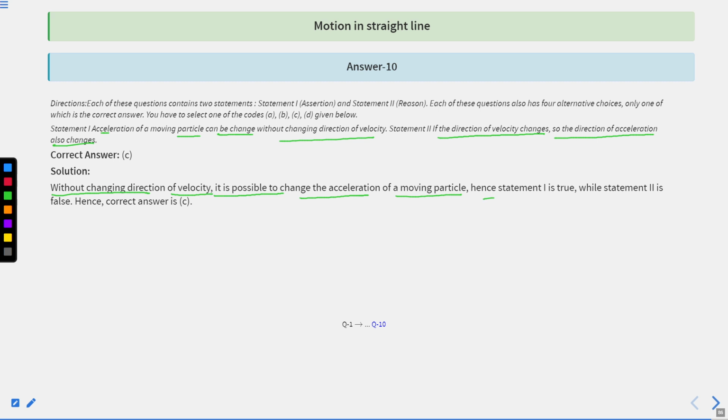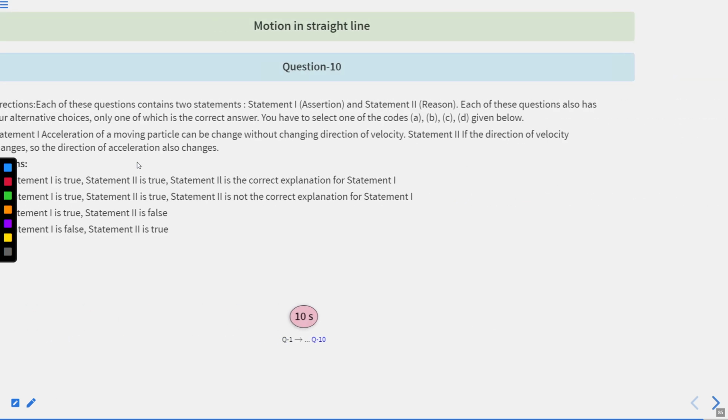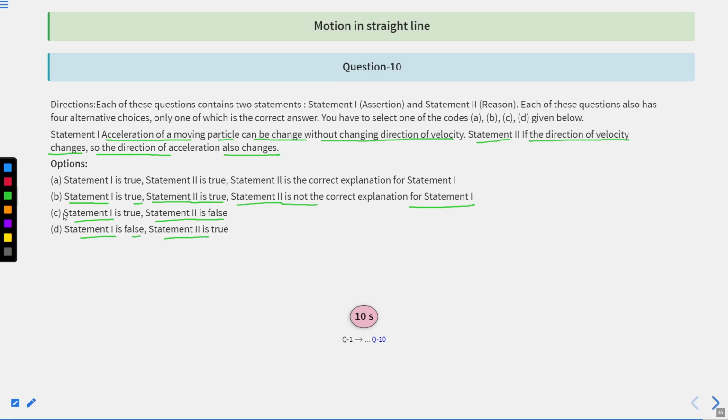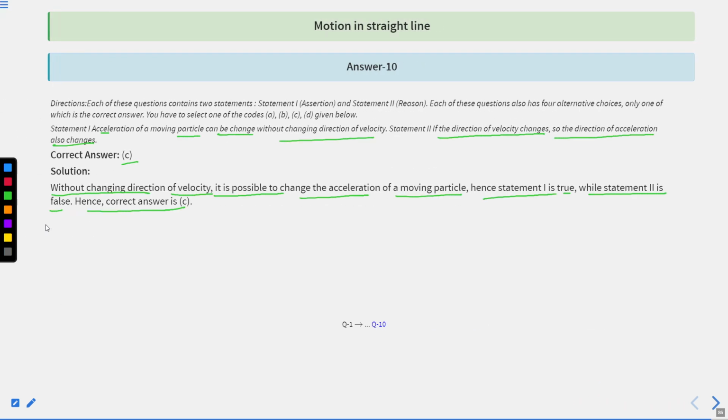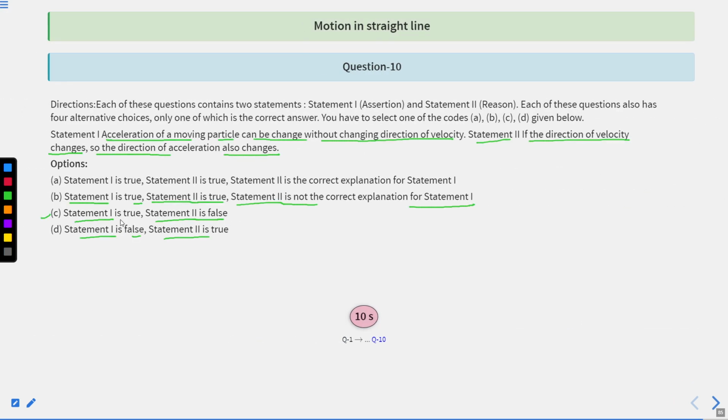Clear? Hence statement first is true, while statement 2 is false. Hence the correct answer is C.